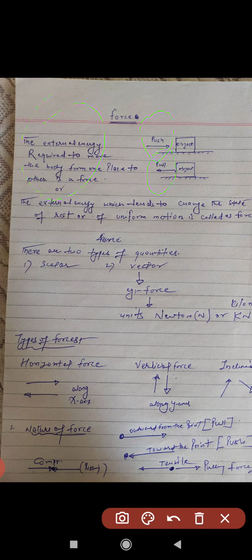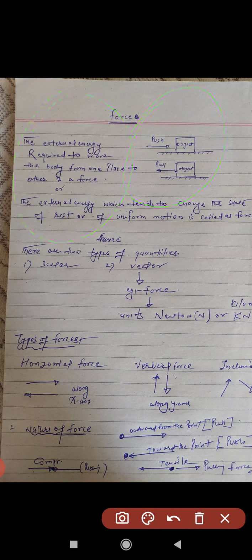So the external energy required to move the object from one place to another is a force. You push or pull the object according to your need. All this happens because of only and only force, this push and this pull.